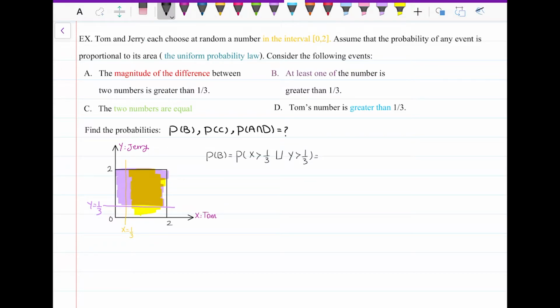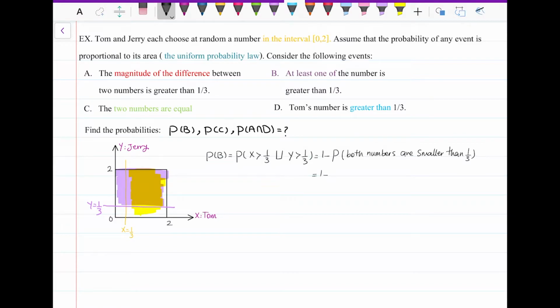So the probability of that would be 1 minus the probability of that small region, which is the probability that both numbers are smaller than 1/3.